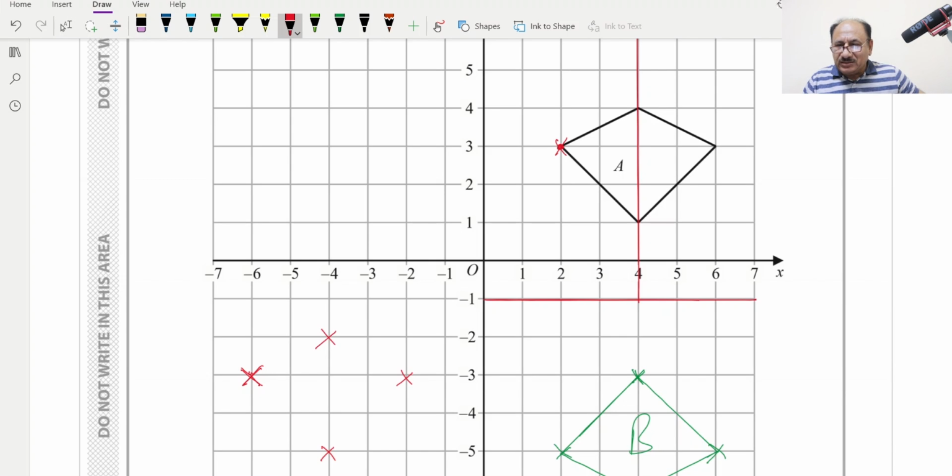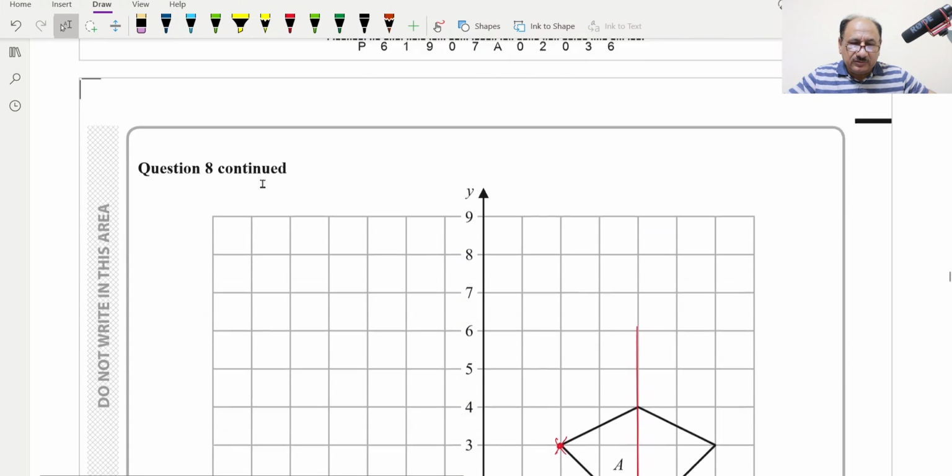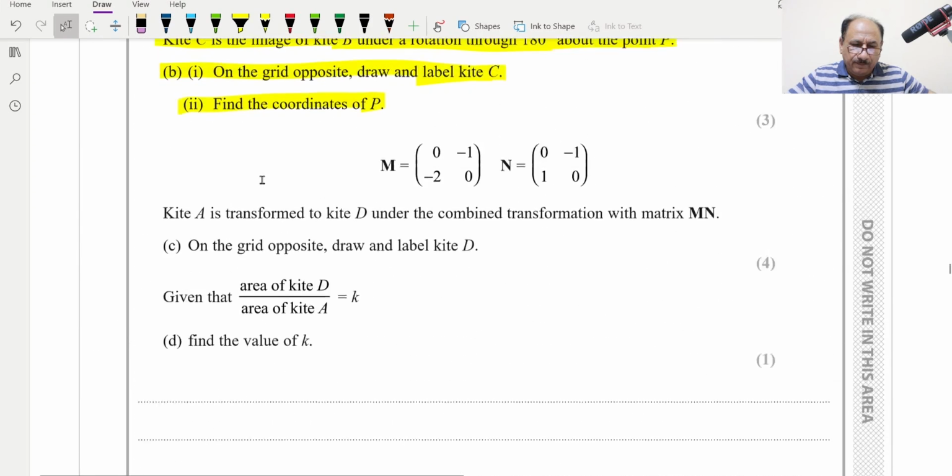So each and every point we have transferred, and this is the kite which we have to label as C. So first we will draw this kite, and after drawing it we will label it as C. Hopefully you are understanding. It's interesting, it's not boring. Basically kite C we are done with.